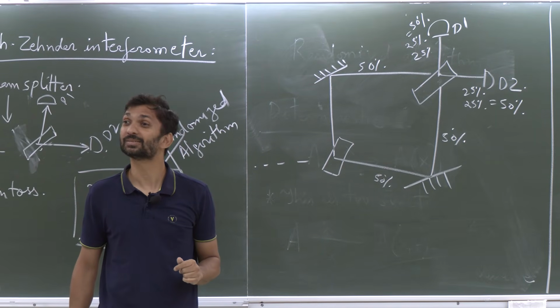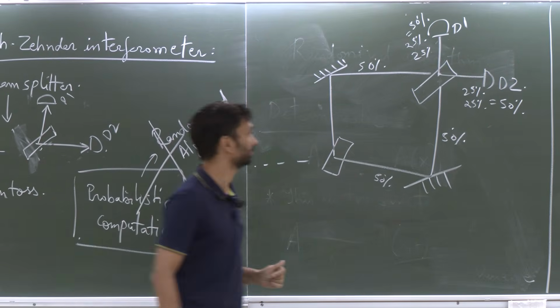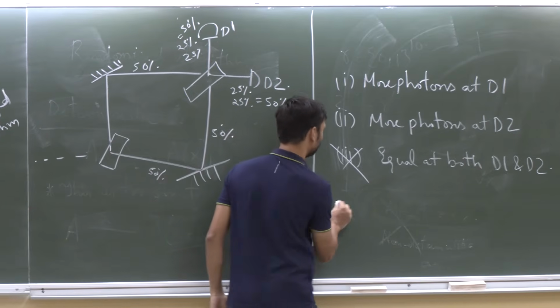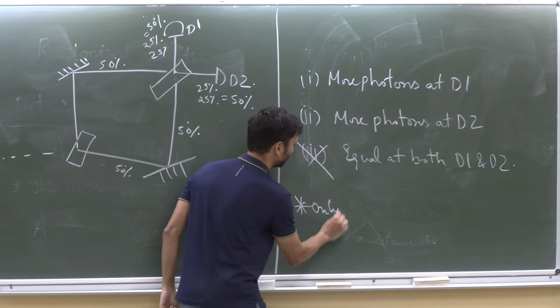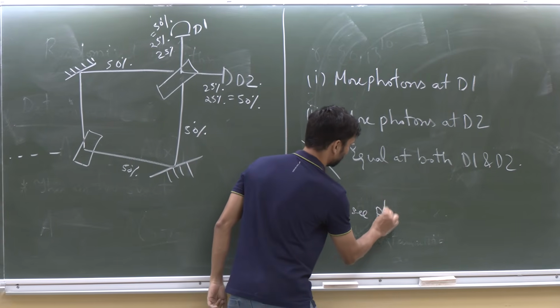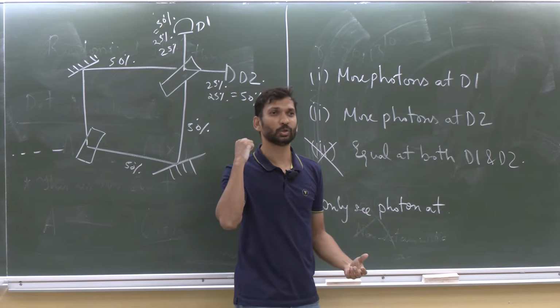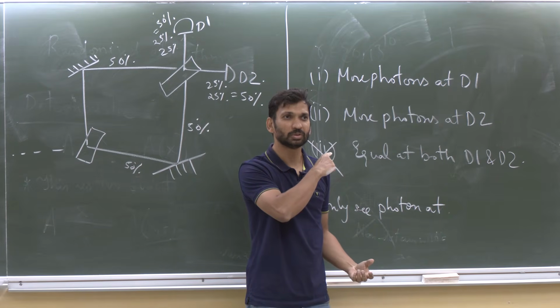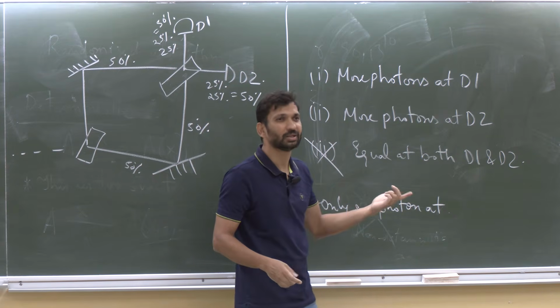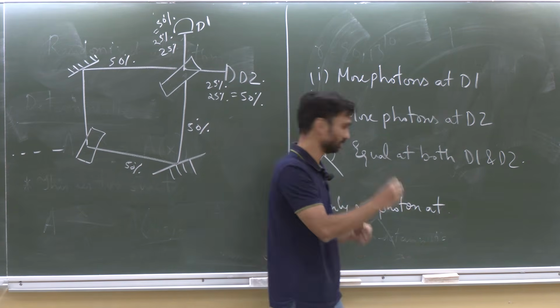Quantum mechanics is weird. So I always forget which one do you see, physicist, D2? Do we see it at D1 or D2? Path lengths are equal, yes, obviously. I don't want to have spatial. Yeah.